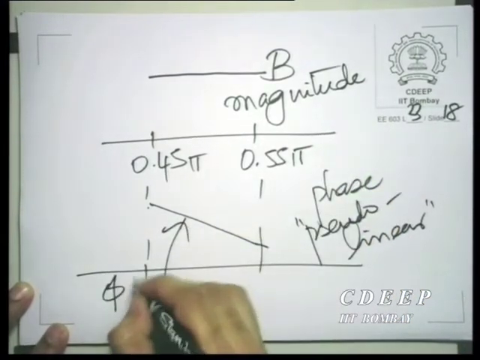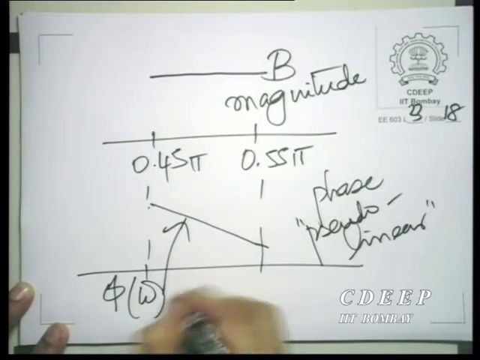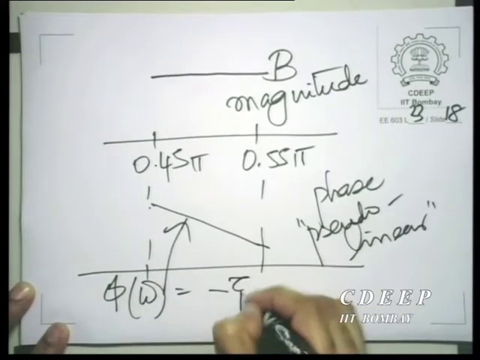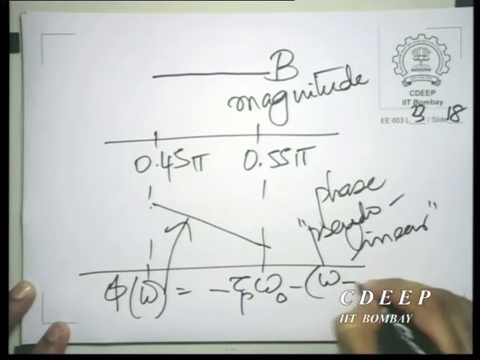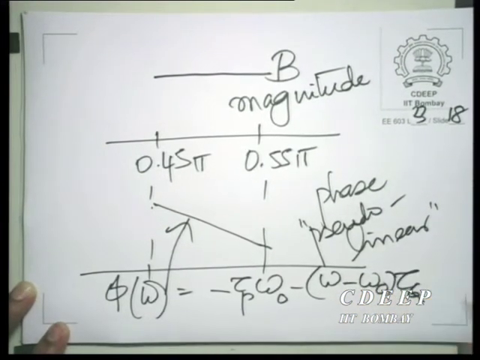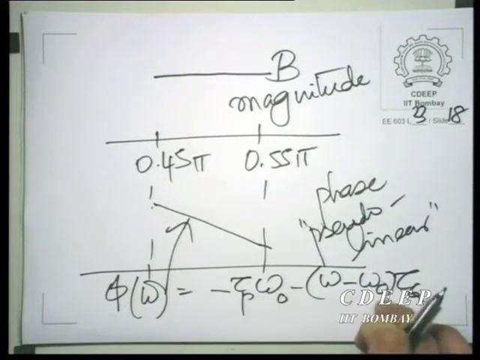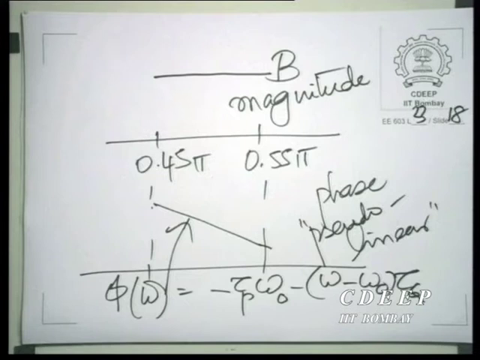The phase response was specified to be minus tau p omega 0 minus omega 0 times tau g, where tau p and tau g are positive constants, and omega 0 is also a positive constant called the center frequency.